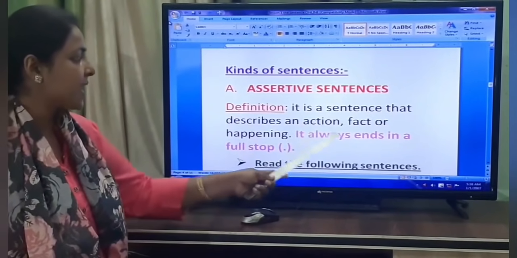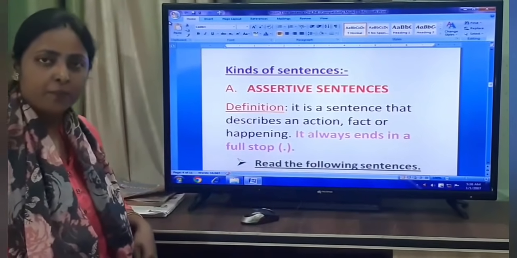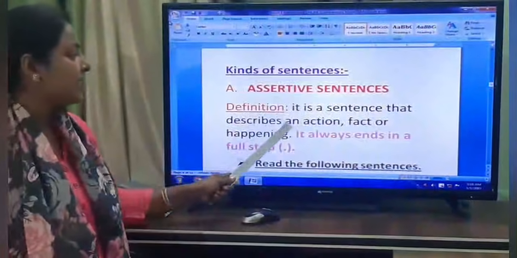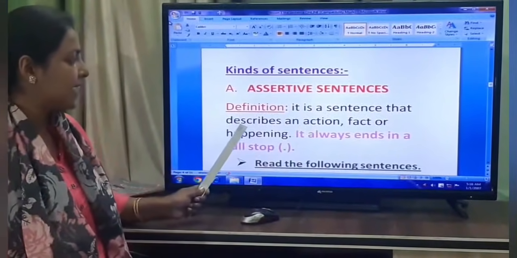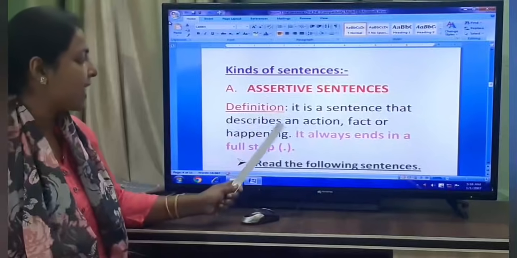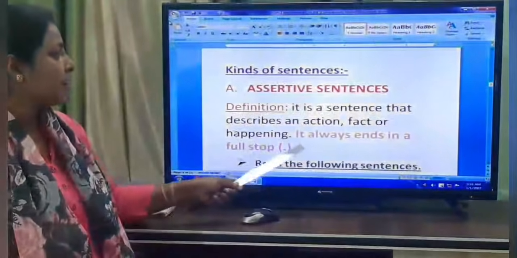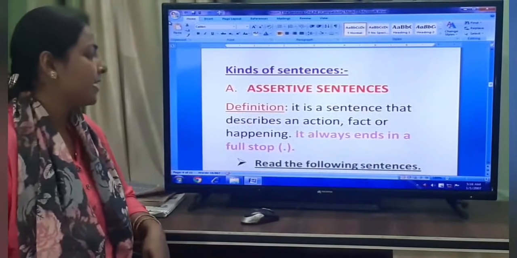It always ends in a full stop. I repeat, it is a sentence that describes an action, fact or happening. It always ends in a full stop.